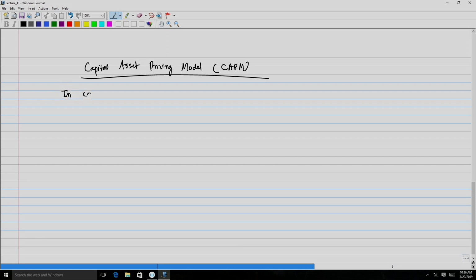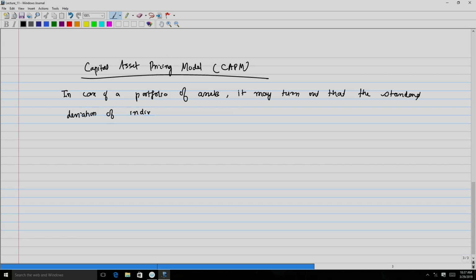So, in case of a portfolio of assets, it may turn out that the standard deviation of individual assets may not be as relevant as the covariances between them.